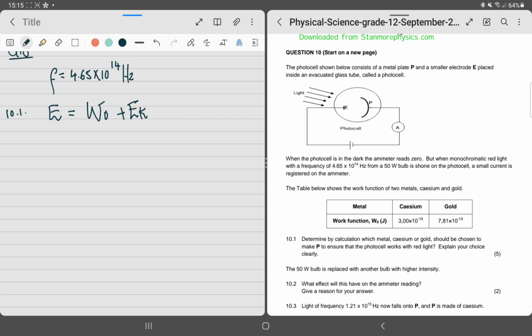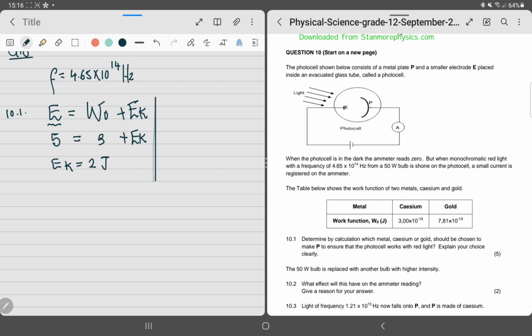So, in other words, the energy that is provided by the light that we are using must be greater than the work function in order for us to move electrons. So let's just say the energy supplied by the light is 5, and then maybe the work function is 3.